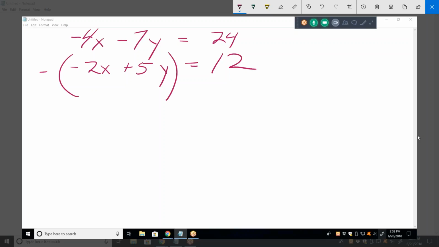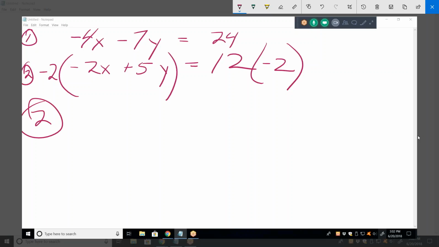It turns out giving you a plus 4x. And that's what you want, to be able to add your two final equations together. In other words, you don't want to have to subtract. It's just as legal to subtract equations as it is to add them. It's just that it gives a lot of people more problems.